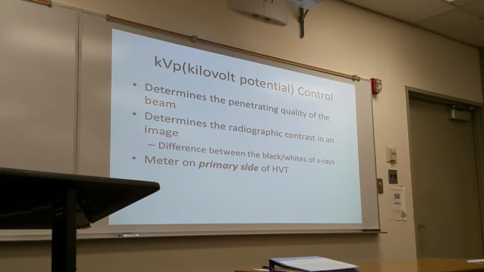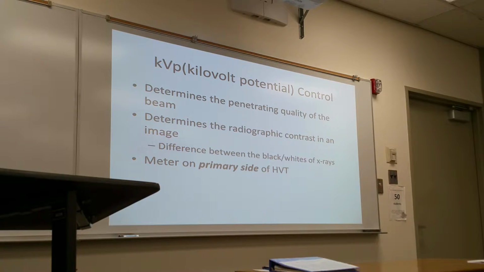On the imaging system, there's usually a meter that's built in to determine how much kV is going through. This meter, or kV meter, is usually put on the primary side of the high voltage transformer.